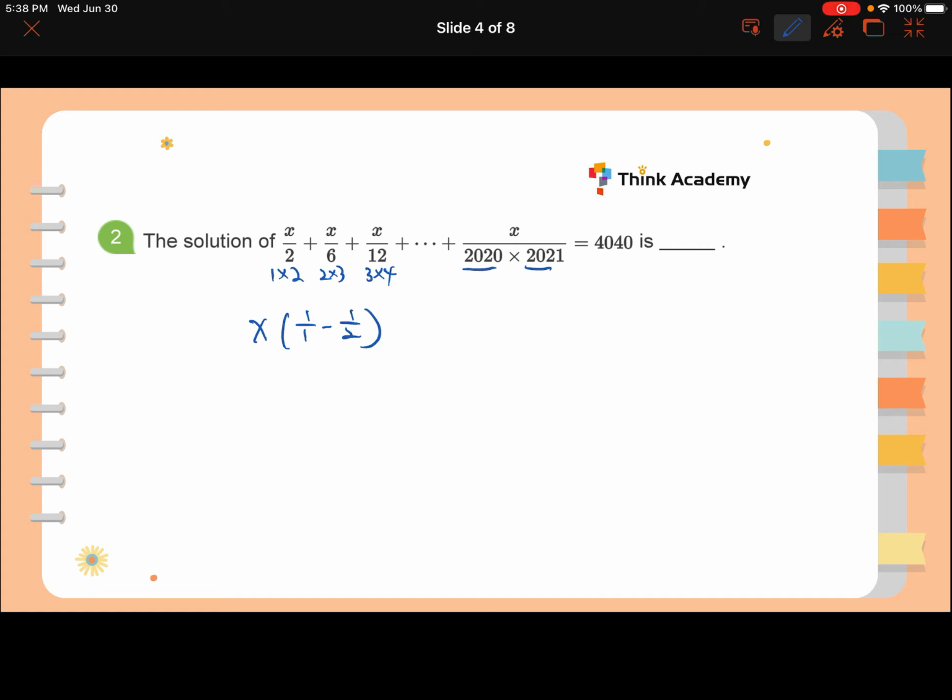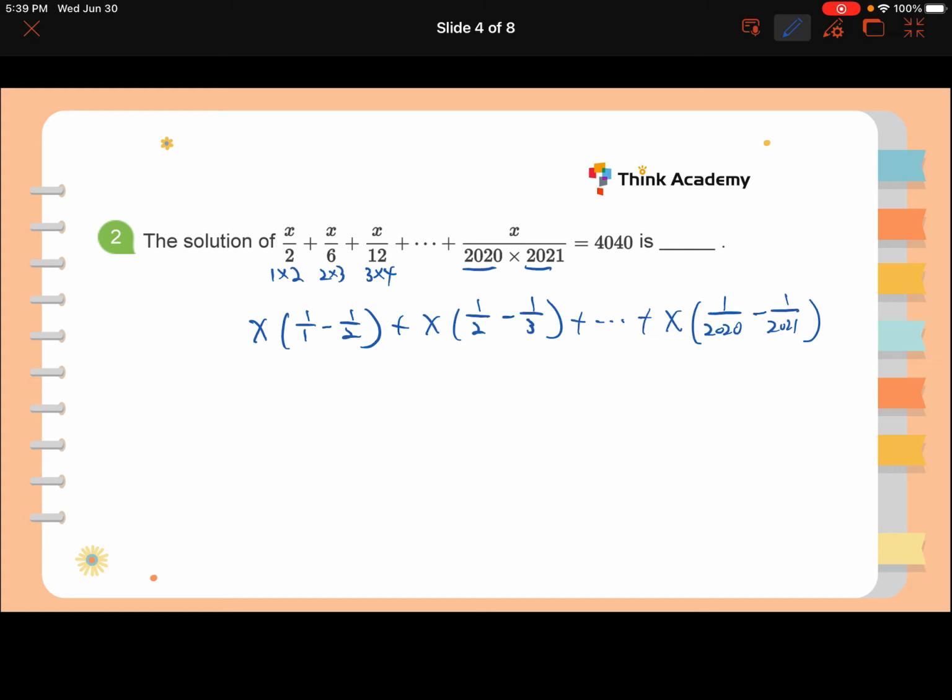Again, because the difference is 1, it's just x over 1. And then we have plus x multiplied by 1 over 2 minus 1 over 3, because in the denominator 6 is just 2 multiplied by 3, and it goes on until we have 1 over 2020 minus 1 over 2021.